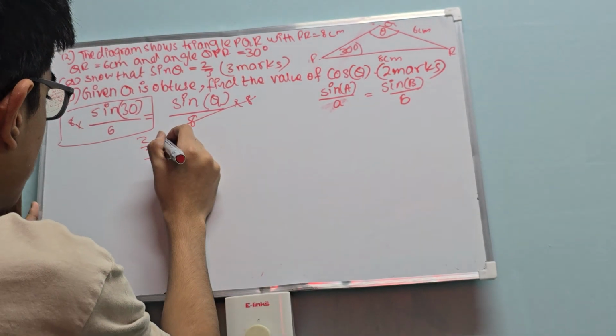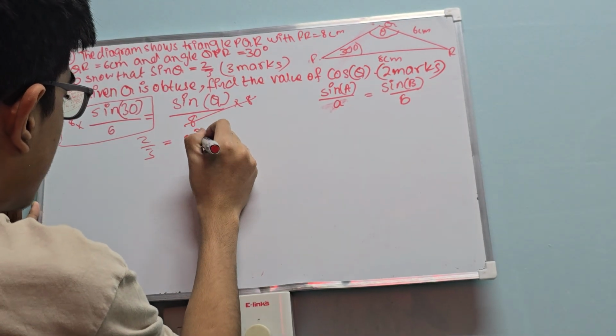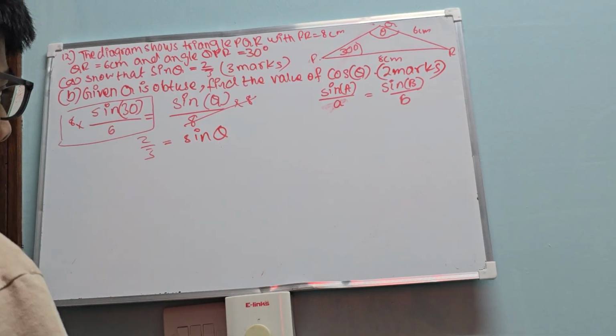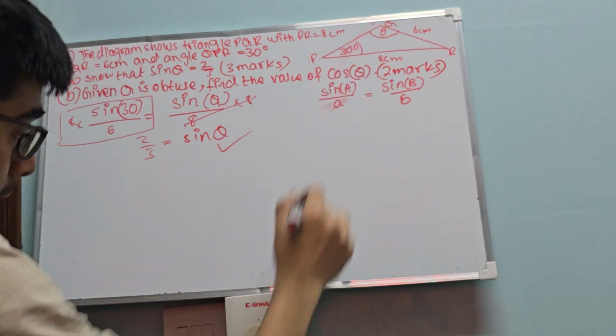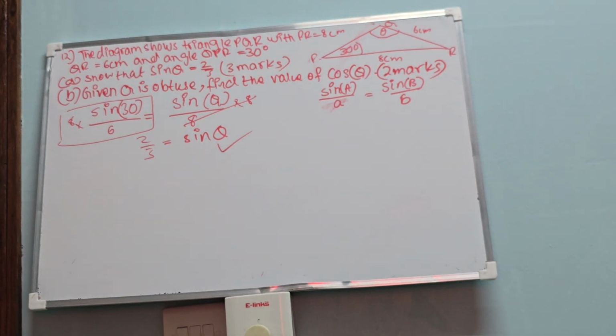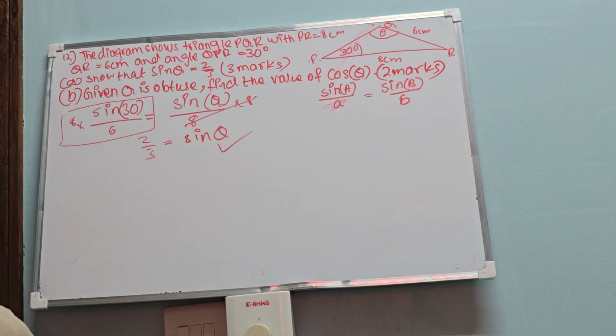So 2 over 3 is equal to sine Q. So here's our part A done for 3 marks. Now for part B, given that Q is obtuse, find the value of cos Q.